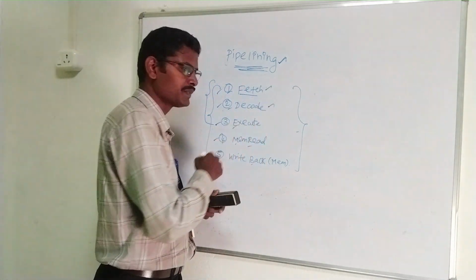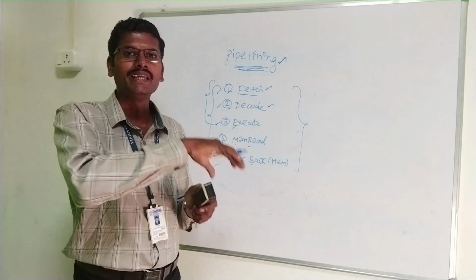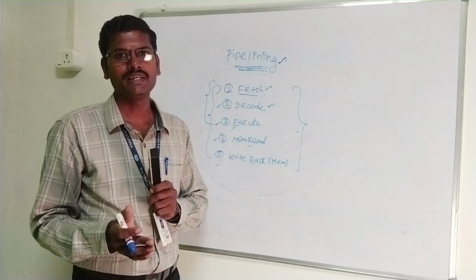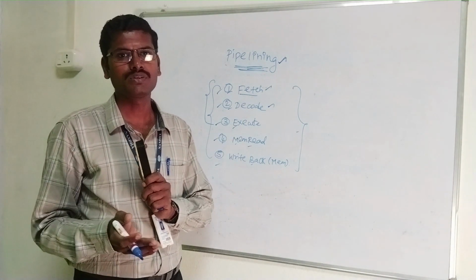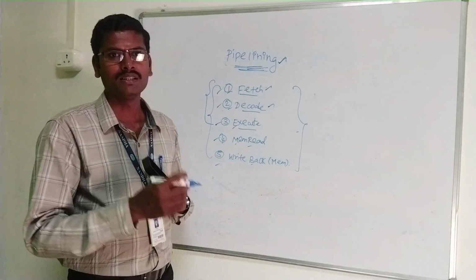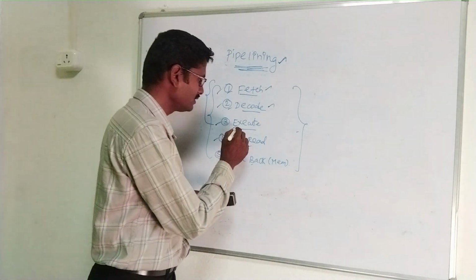The second stage is decode. Decode means the instruction fetched from the instruction memory is decoded from one language to another, human level language to machine language. That is the decode stage. The third stage is the execution stage. The particular operation of that instruction will be done in this stage.